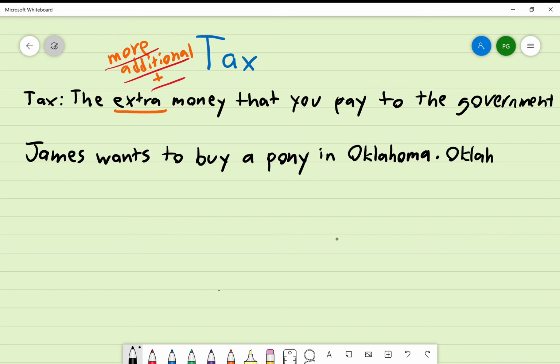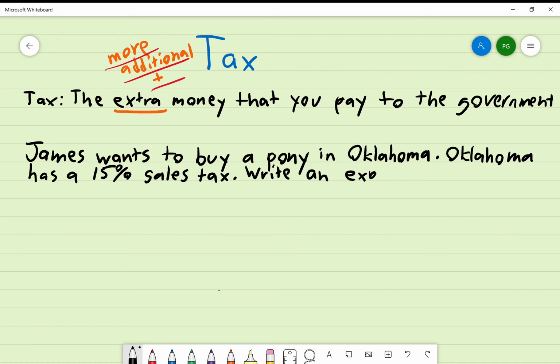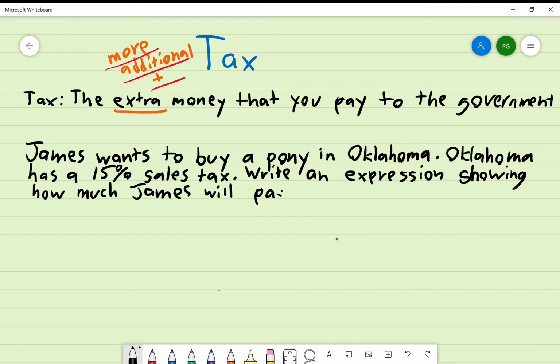Oklahoma has a 15% sales tax. Now, guys, I'm making this up. I have no idea what Oklahoma sales tax is. But for the purposes of the math problem, 15% sales tax. Okay. Write an expression showing how much James will pay in total.